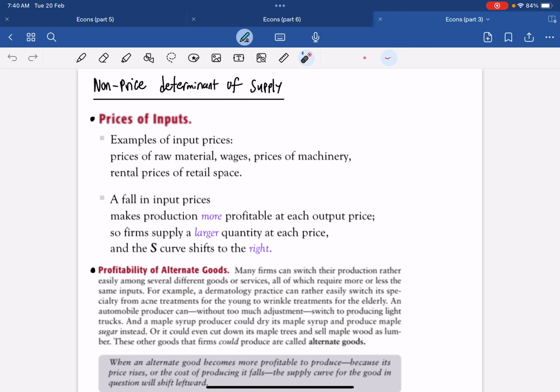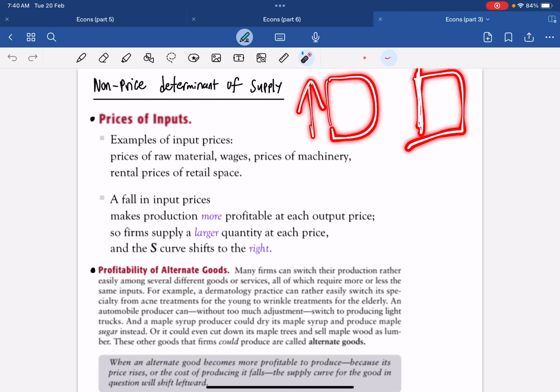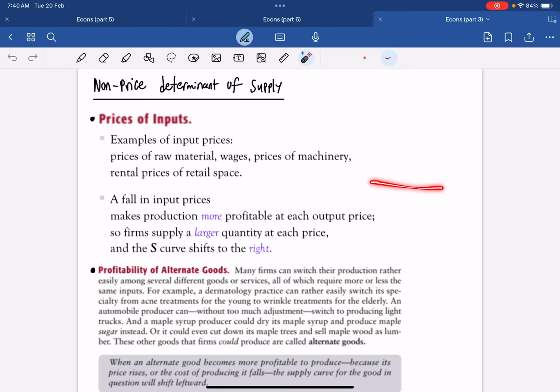Examples of non-price determinants of supply, one of them will of course be the price of your inputs. What does it mean? So maybe this good takes metal, water and wood to create. Then these resources that cost money to buy, this raw material or wages or anything, these are your input prices. If they increase, it will lead to a higher cost to produce, leading to a lower profit margin.